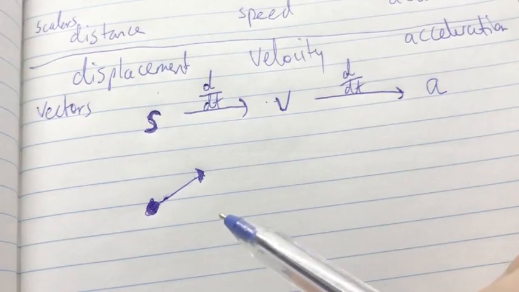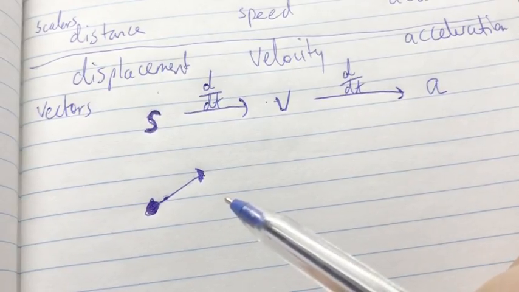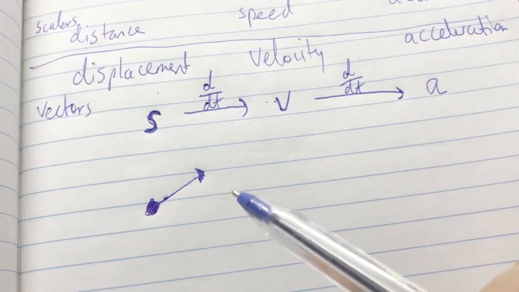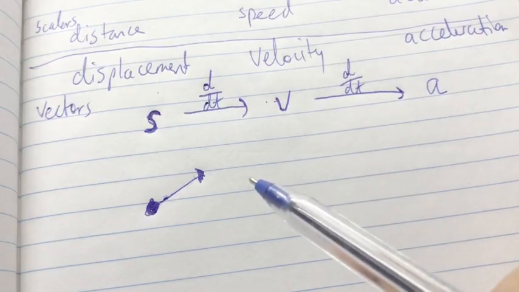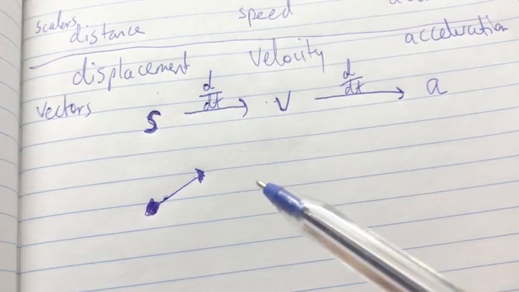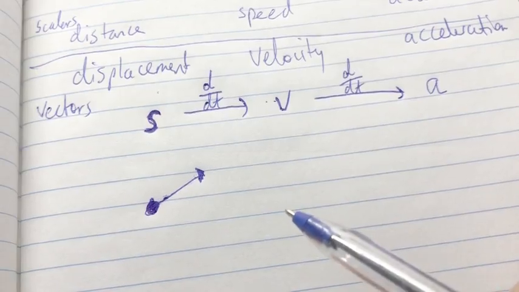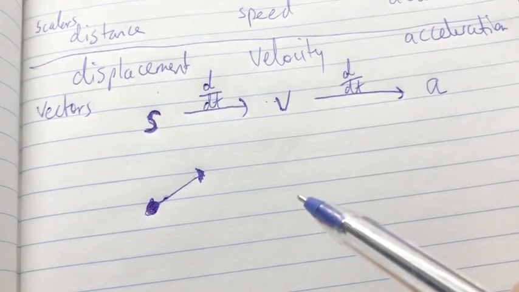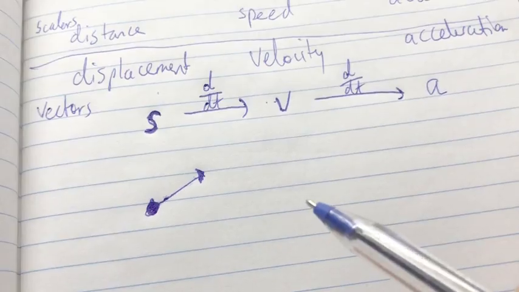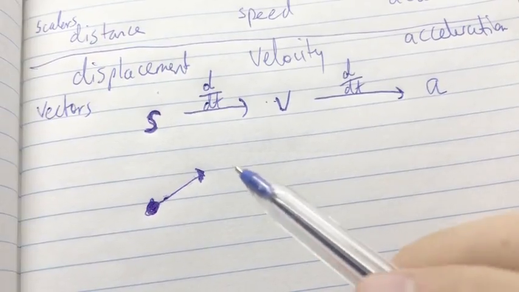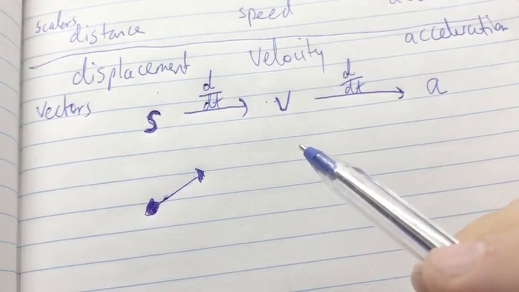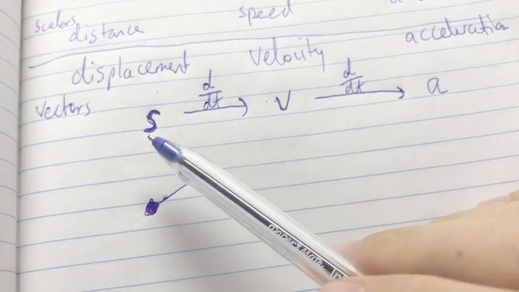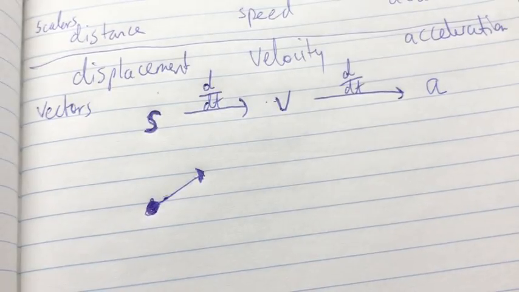Okay, for the same reason, if you knew its acceleration for all moments in time, and you just knew its position and its velocity currently, then you would know its position and velocity for all moments in time. This is the reason why we're studying displacement, velocity, and acceleration like this.